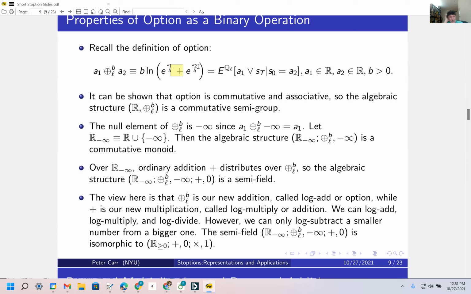And of course, the sum of two positive reals is a positive real. So that's the closure property that defines a binary operation. And then we undo that map by taking b log, taking us back to real numbers.